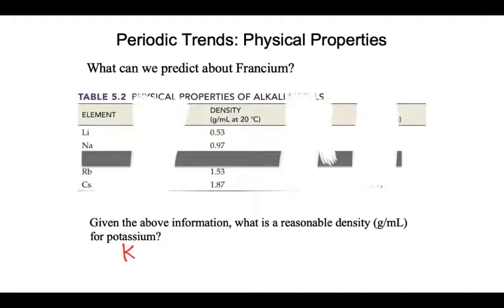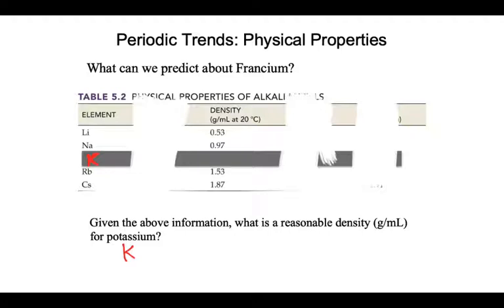In the alkali metals. Group 1, period 4, underneath sodium, which was underneath lithium. Potassium was above rubidium, above cesium. That giant gray box is our potassium. Okay? So we can now look at the densities.